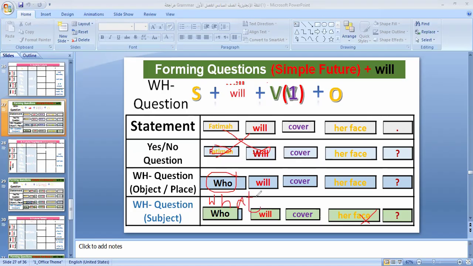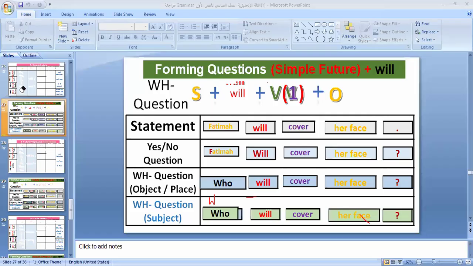What will Fatima cover? I omit it because I ask about the something that Fatima covers her face with. Okay, let's go to another slide here.